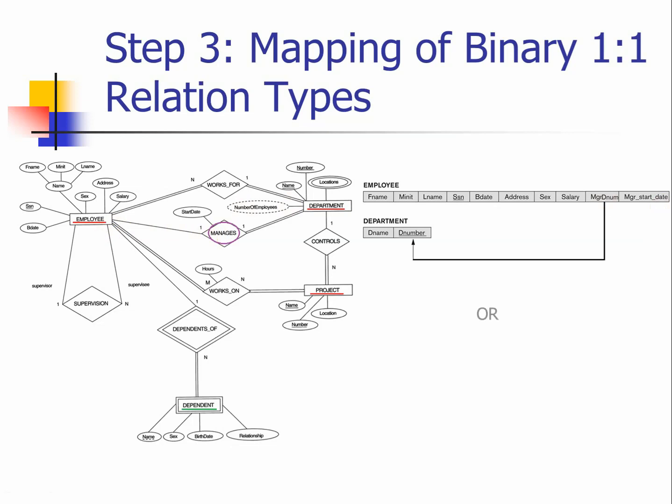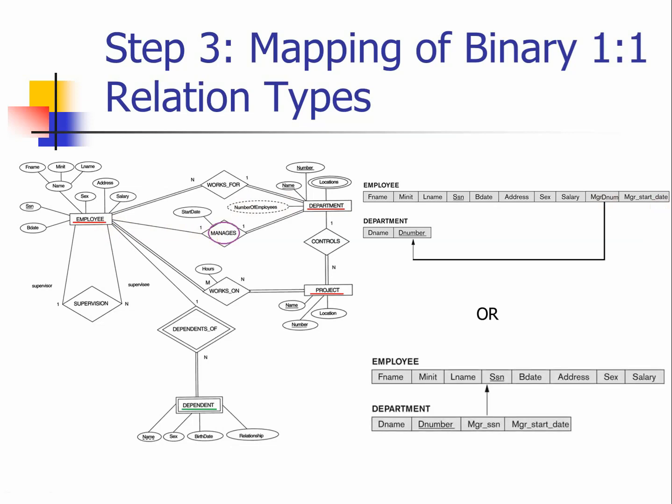Let's take a look at the other choice. The other choice is that we make this relationship a foreign key on the double-line side, the total participation side. We take the managers and come in here. We take the primary key and name it manager SSN, indicating who is the manager of that department, and form a foreign key going back to the primary key of the other side.